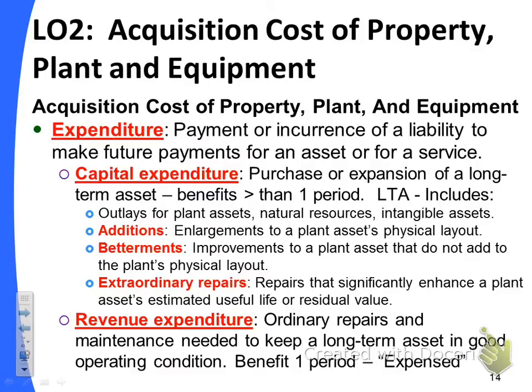A capital expenditure is basically a purchase that has a long-term benefit, longer than a year. The long-term asset costs include any outlays for the item, such as plant assets, natural resources, or intangible assets, any additions to them, any betterments or improvements to them, and any extraordinary items associated with them.